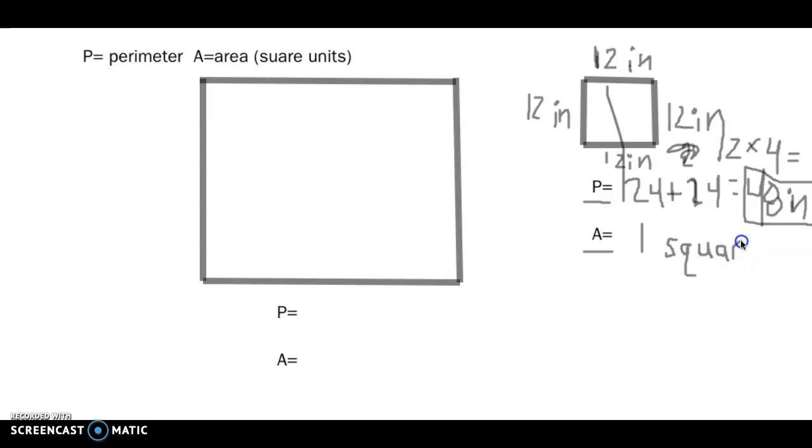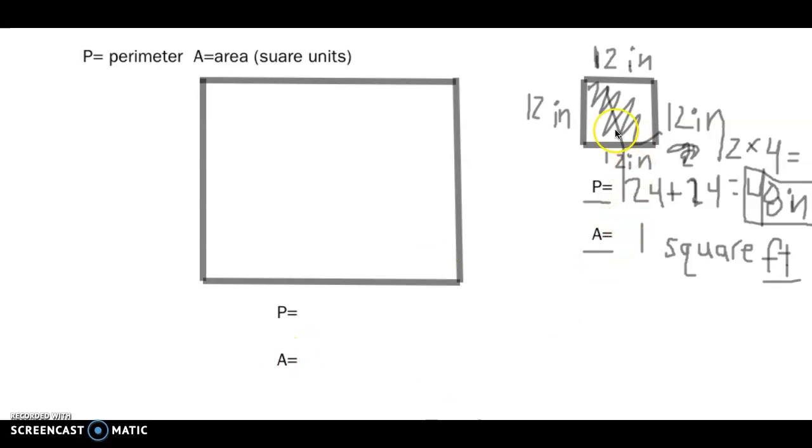So we could say 1 square foot. Or I could say 1 square unit. Either one would be correct. But to be more exact, since we know it's feet, we'll say 1 square foot. This whole thing, 1 square foot. Each side is 1 foot.